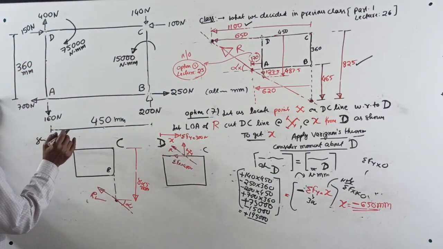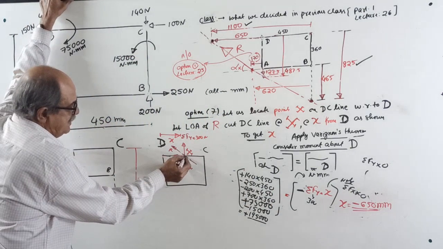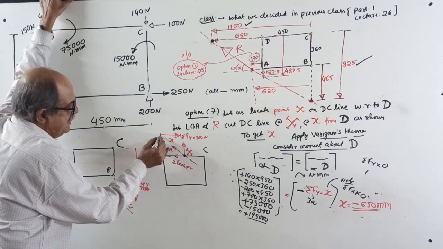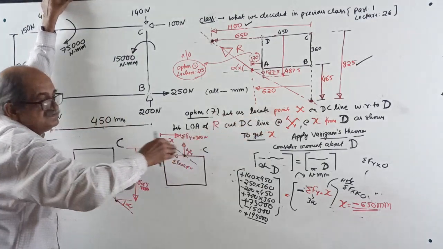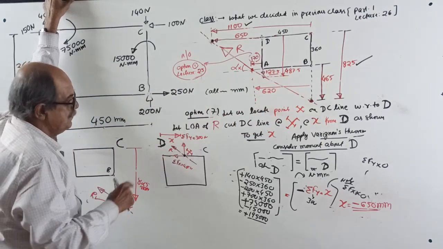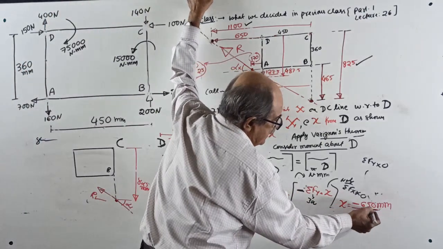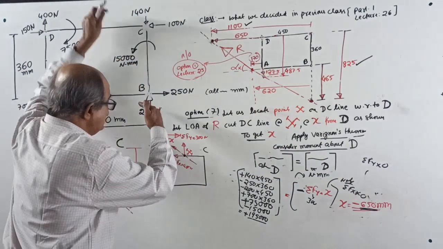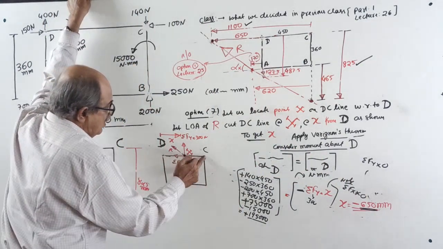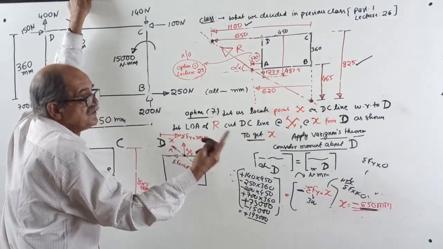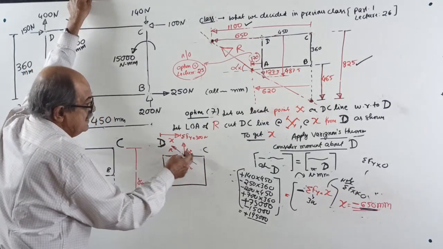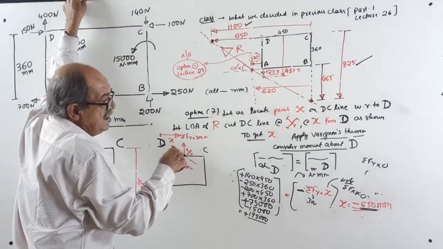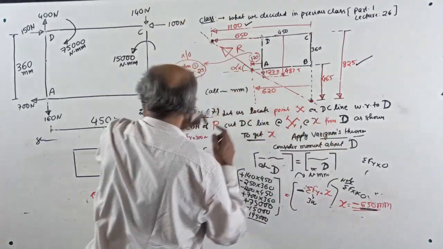What is the statement? We considered the point X from D to the right side, but X came negative. That means our assumption of the resultant cutting the baseline along DC to the right of D is wrong. It cuts this line to the left of D by 650 millimeter.